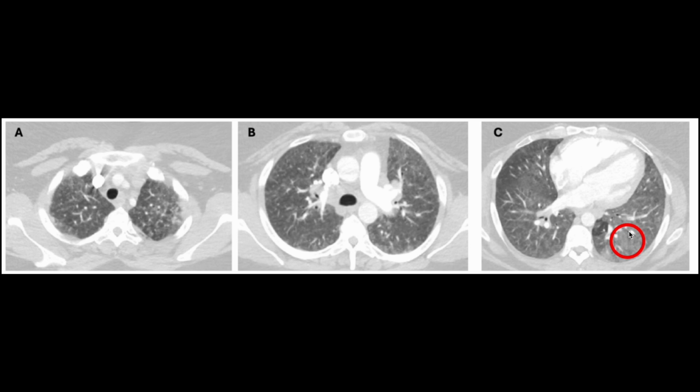The GGOs represent areas of increased attenuation on the CT that do not obscure the underlying bronchial and the vascular structures. These findings are indicative of inflammation, cellular infiltration, and or intra-alveolar filling. Now this pattern, if you see, is more characteristic of what is called inflammation predominant ILD.